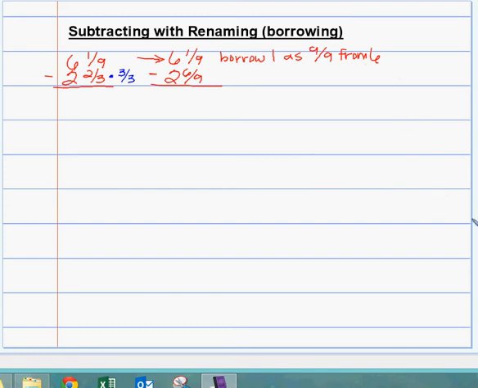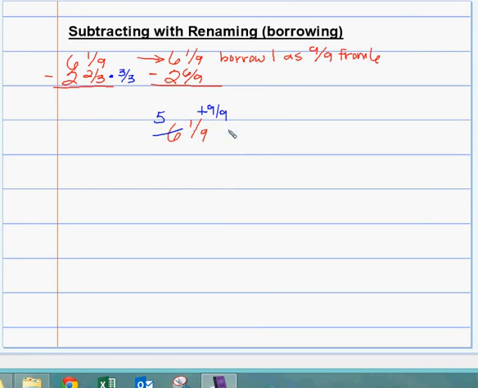So what we had was 6 and 1/9, right? I'm going to go down here. Hopefully you can stretch it out. Otherwise, do what makes sense on your paper. So we had 6 and 1/9. And we're going to borrow. So that borrowing looks like this. 5. And we're going to borrow 1. But really that's plus 9/9. 9/9 is 1. So we did borrow 1. But we need it in fractional units.